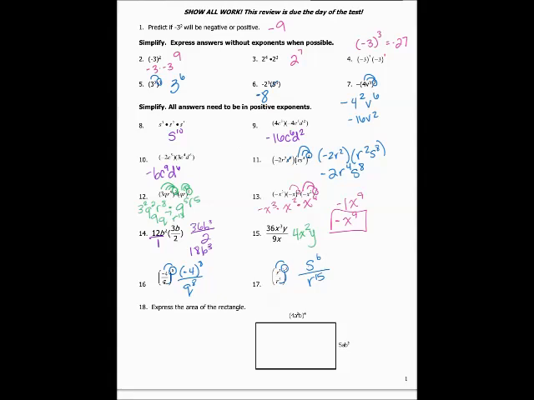Lastly, we need to find the area of a rectangle, so we need to multiply the length times the width. Now, one thing I would do before I start multiplying the length times the width is I would go ahead and simplify the top of this. So that's going to be 4 to the 4th power, a to the 8th power, and b to the 4th power.